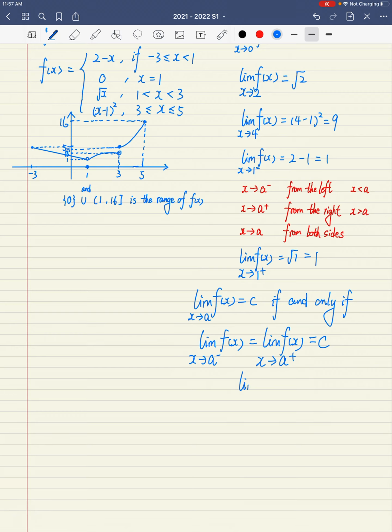So now, the limit as x approaches 1 of f(x): the limit from the right is 1, and the limit from the left is 1 as well. They give you the same value, so you can immediately write down the answer.